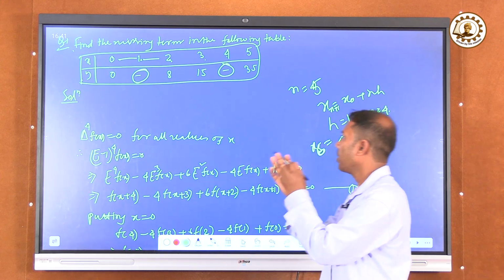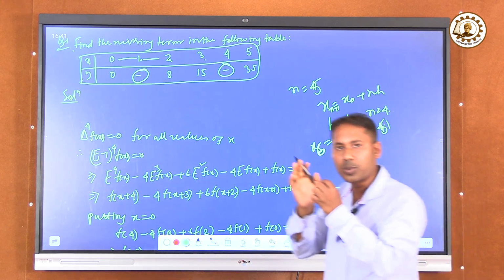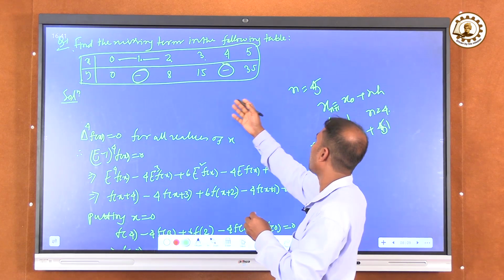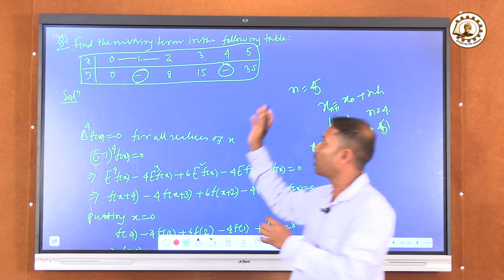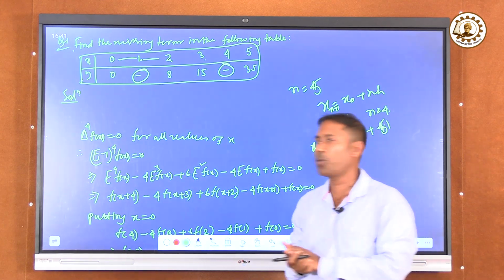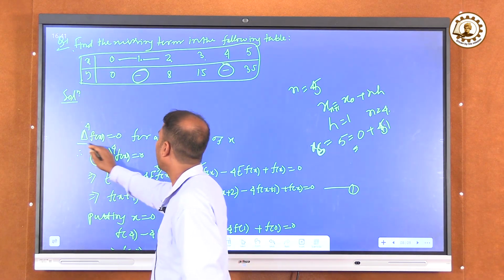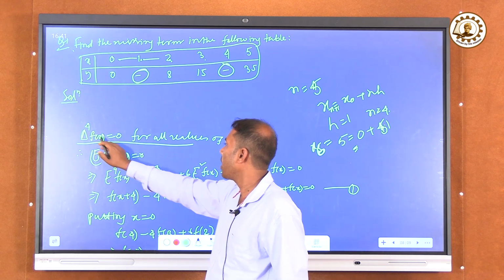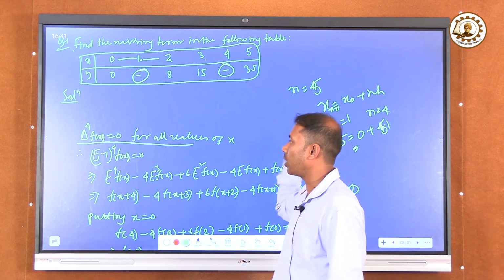So this is a third degree polynomial here. With n equals 5 and 2 missing terms, if we represent this table as a polynomial, it is a third degree polynomial. That's why if we apply the forward difference operator, delta 4 fx is obviously 0 for all x.